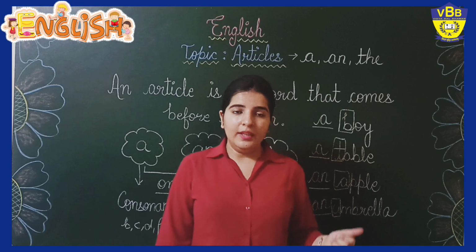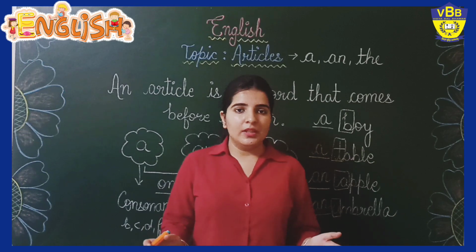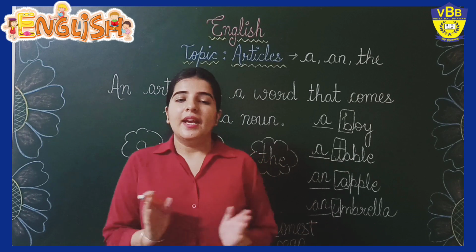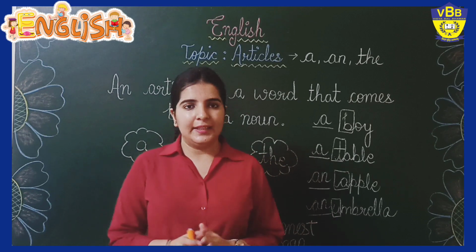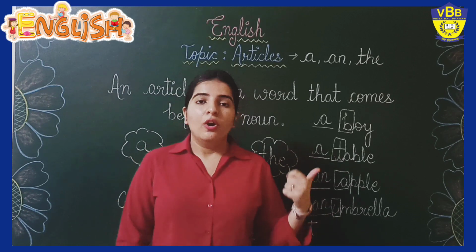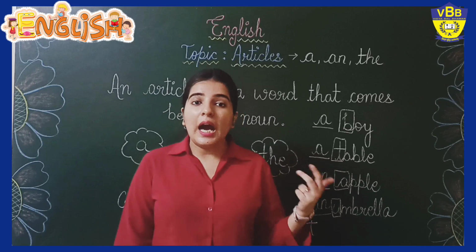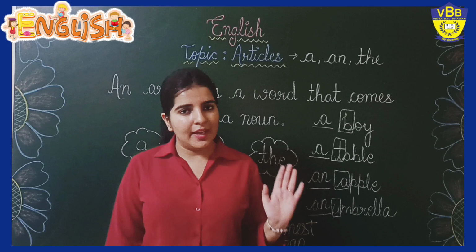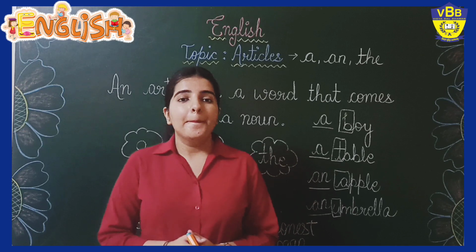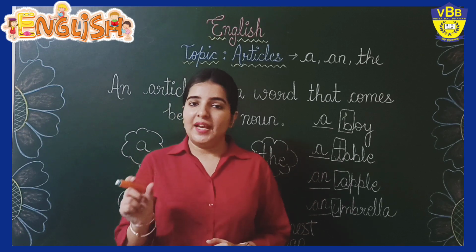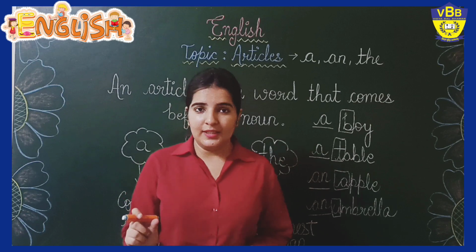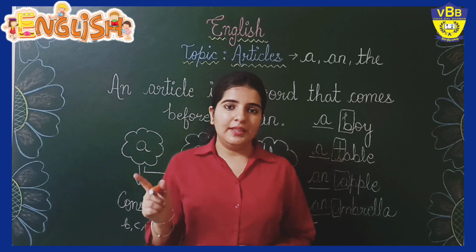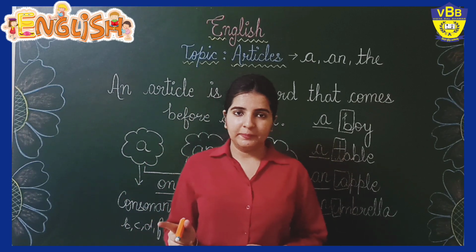Got it, everyone? There are many words which have H as the silent letter: honest, honorable. All such words have H in their spelling, but the sound of H is silent. So remember these few words.